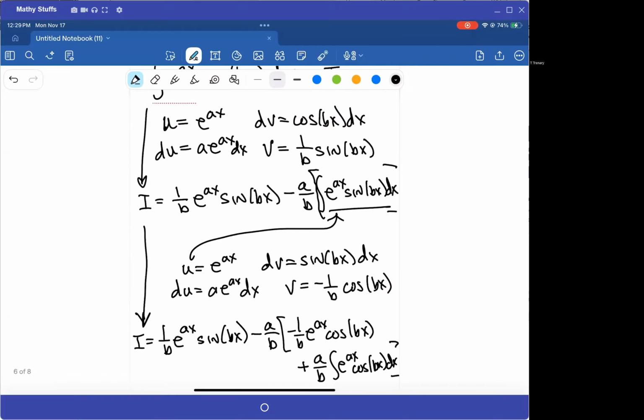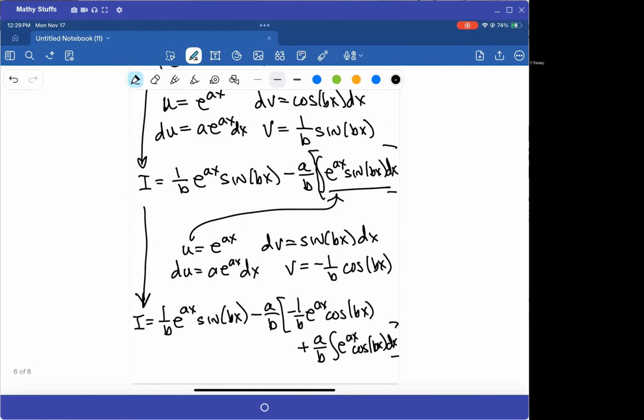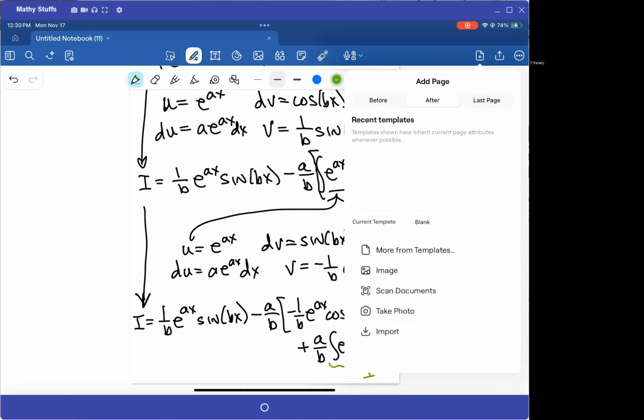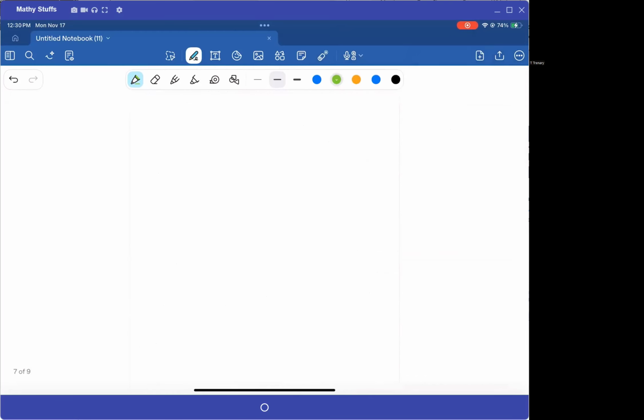Now notice that that is in fact our original integral right here again. So it's showing up inside of there. And let's rewrite this and simplify. I'm going to have to come back here a few times after I get a new page.